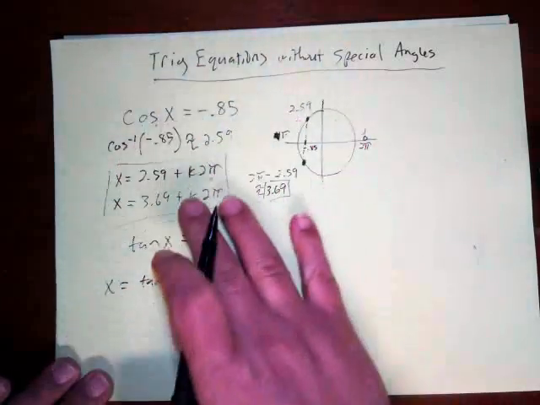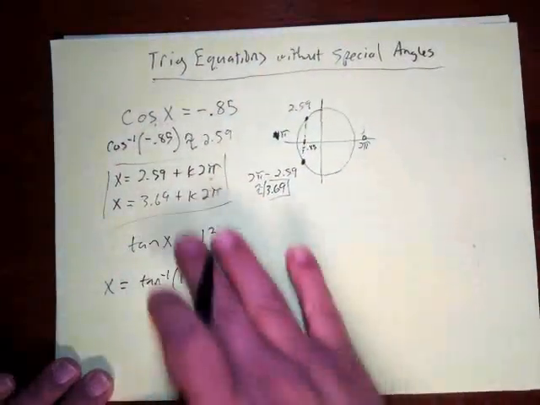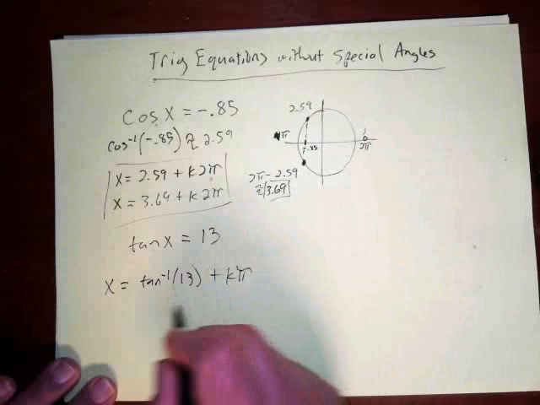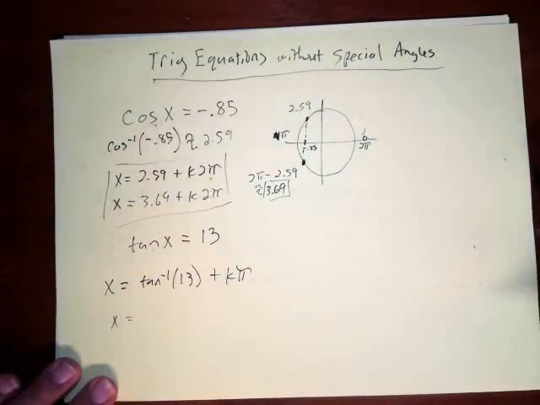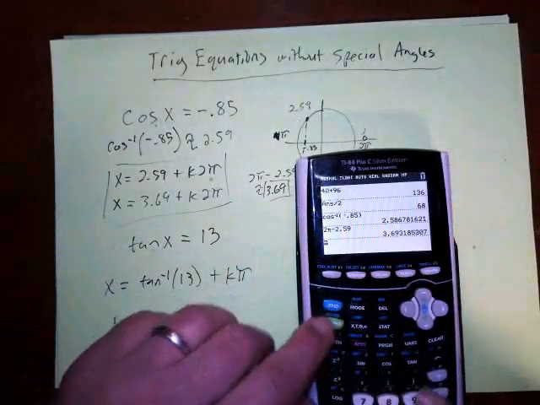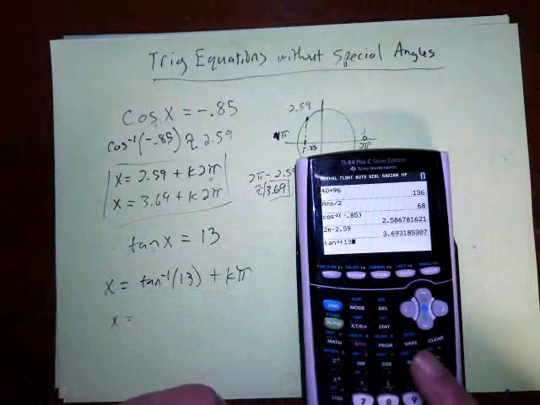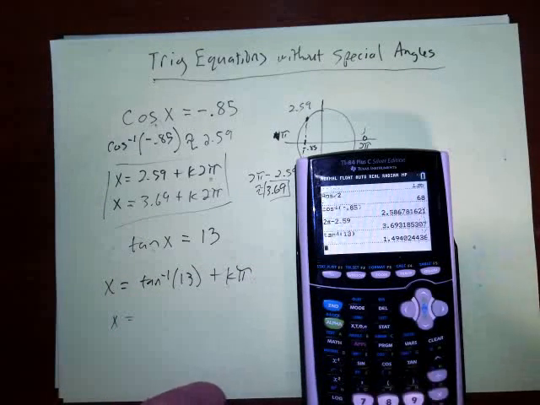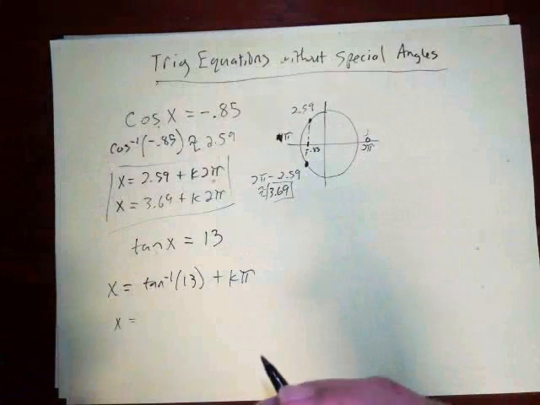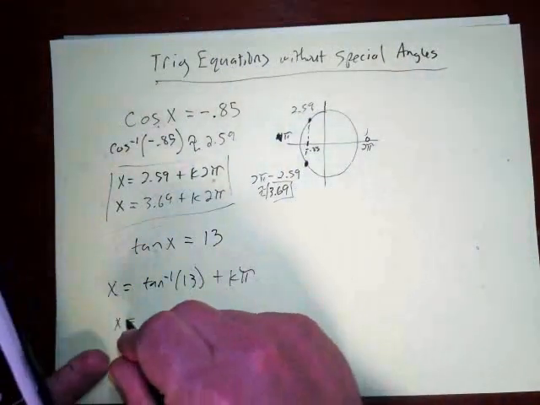You don't have to worry about the circle or finding another solution or anything. You just do that. So in this case, tangent inverse of 13 is 1.49 if I round to 2 decimal places.